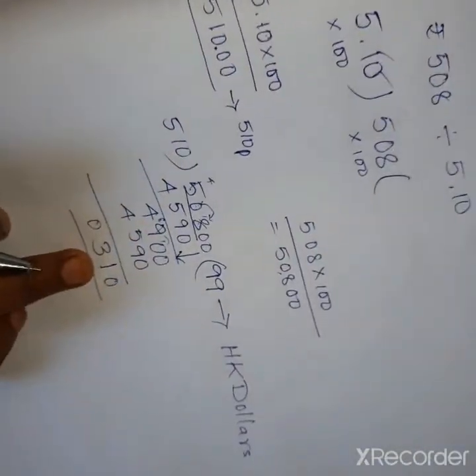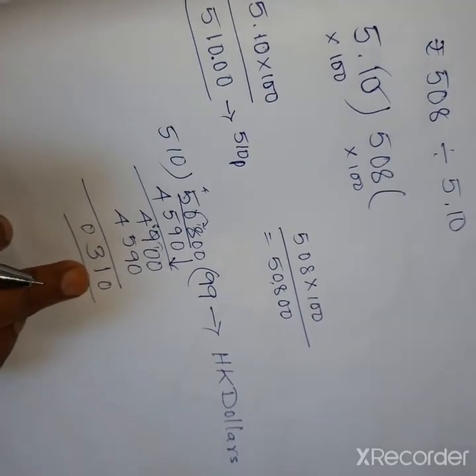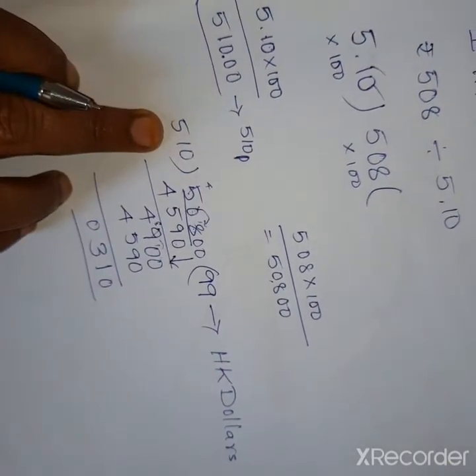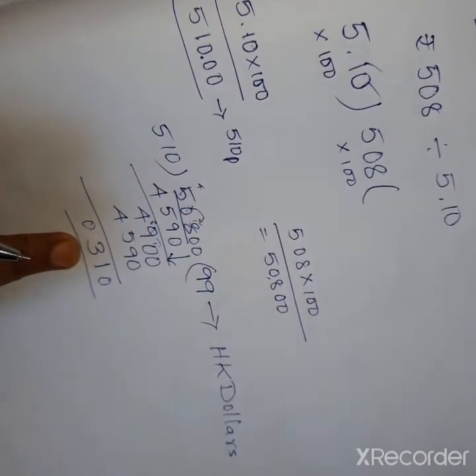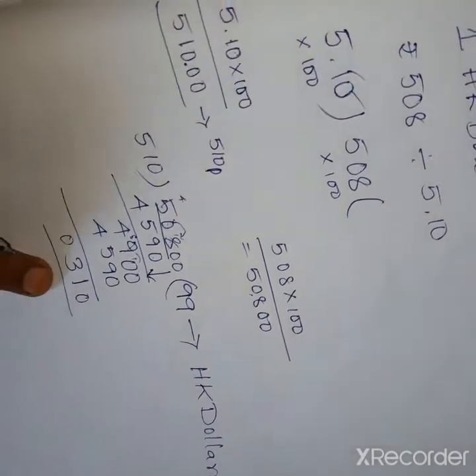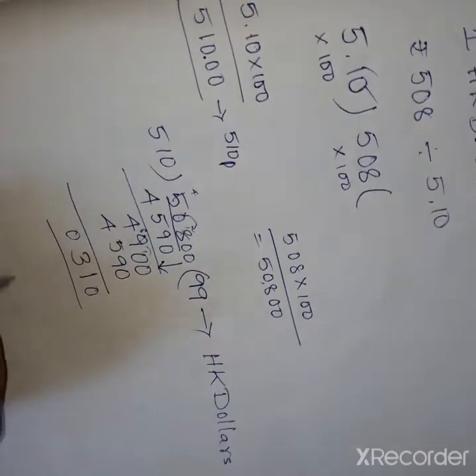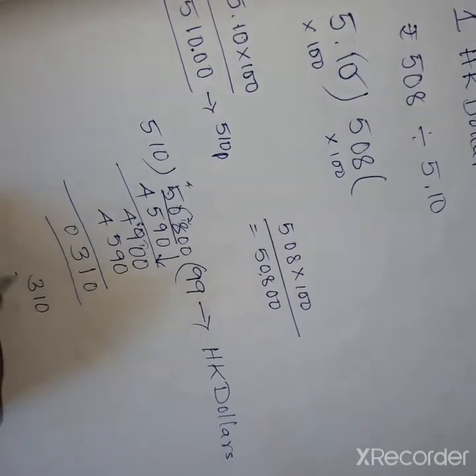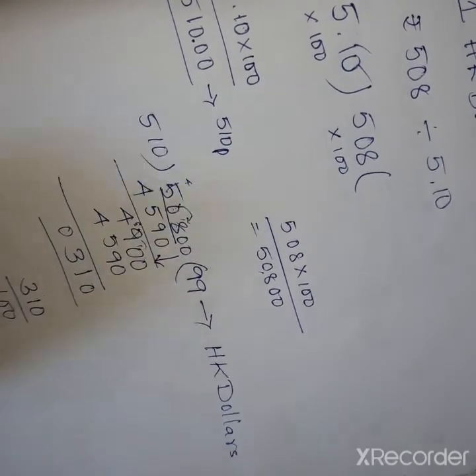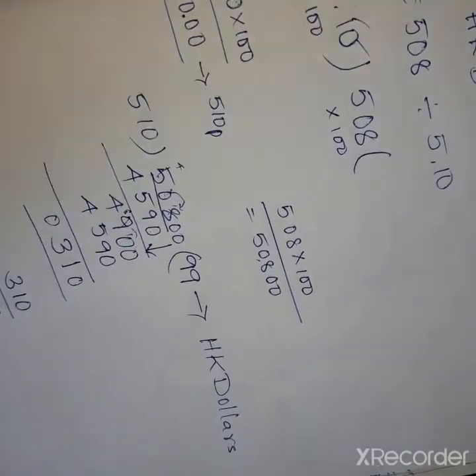And what is left with her? 310. 310 is much smaller than 510, so we cannot divide. This 310, as I already told you, this is paisa, isn't it? So we have to convert this into rupees. How to convert this? 310 divided by 100, because 1 rupee is equal to 100 paisa.